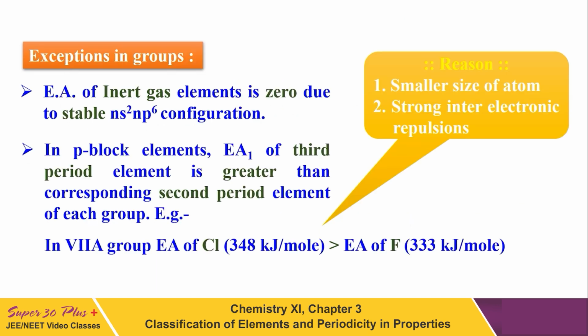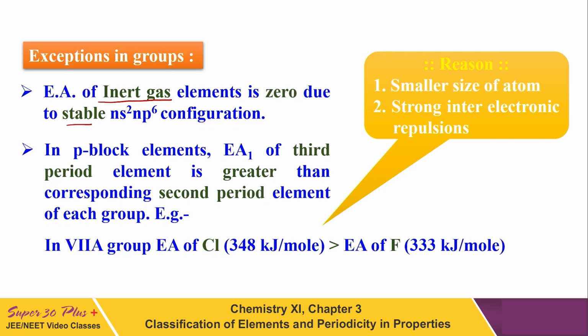But we have a few exceptions. Number one exception is the inert gases. Students, you already know that inert gases have a completely filled electronic configuration, which means their outer shell is completely filled and it is stable.